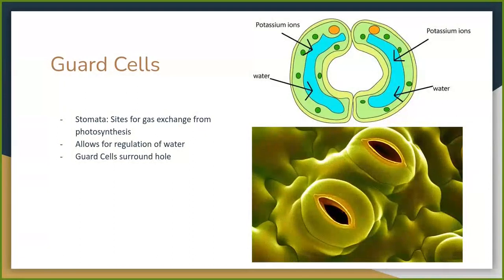When the water enters the cell, like you can see in the blue portions of this guard cell, that makes them turgid and makes the hole shut. And then when water leaves the cell, they relax again, and then you have a hole that can be a site for gas exchange. So that's a review of the guard cells.